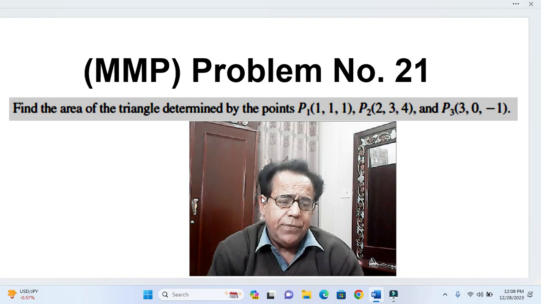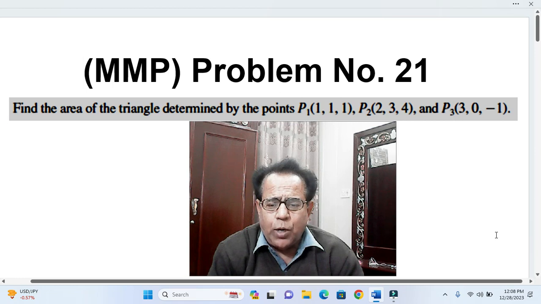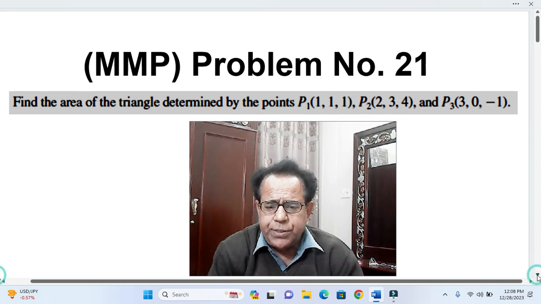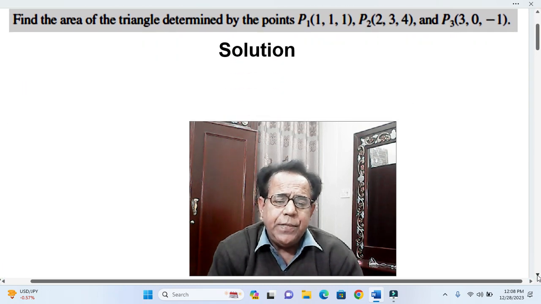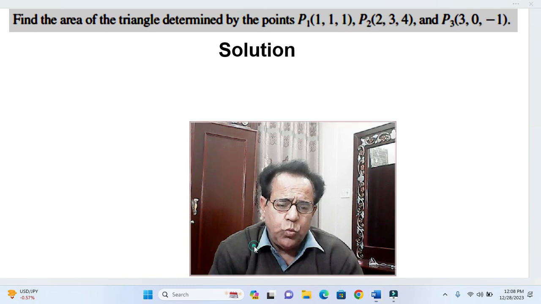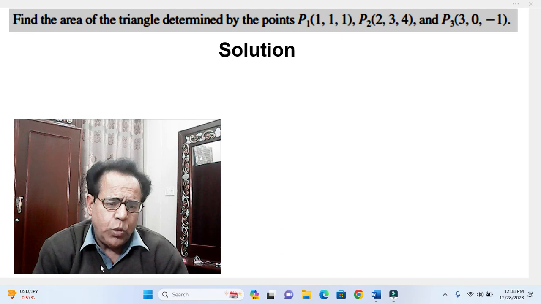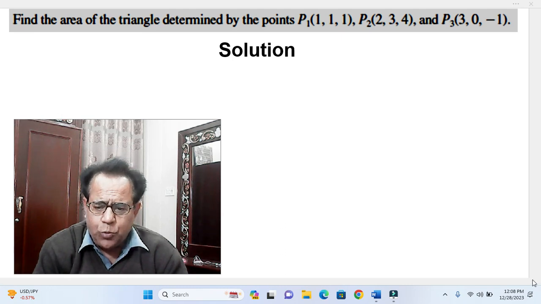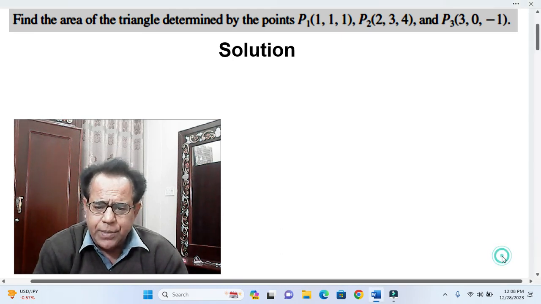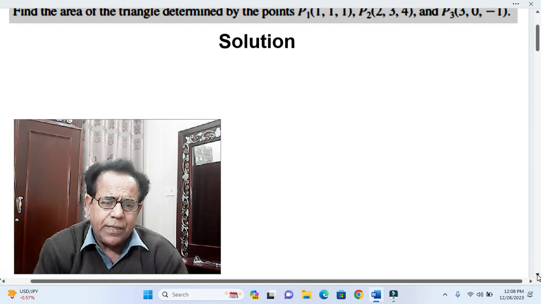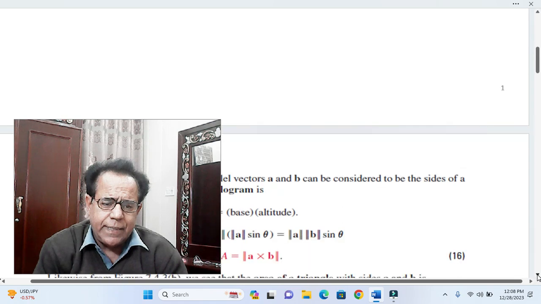Yes, students, we have to find the area of a triangle whose three points are given. Now we are going toward its solution. But before going into it in a formal manner, we will have to go through a few snapshots which will provide us a foundation for understanding this solution.